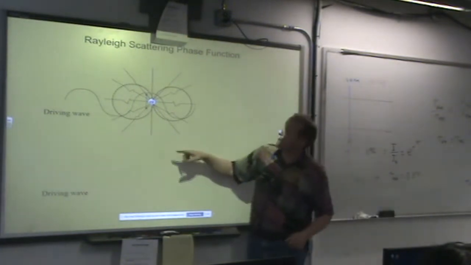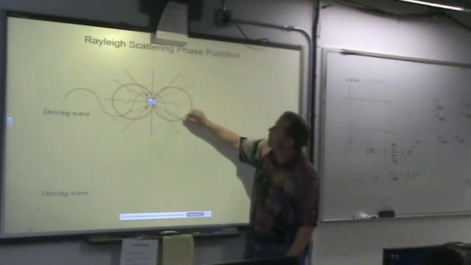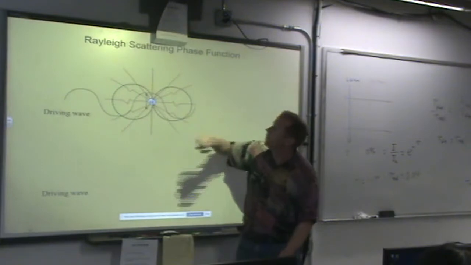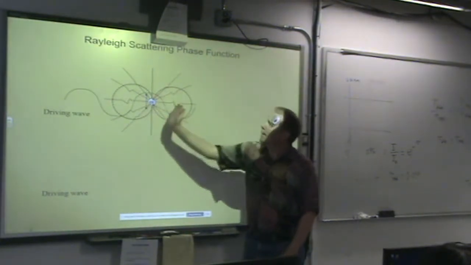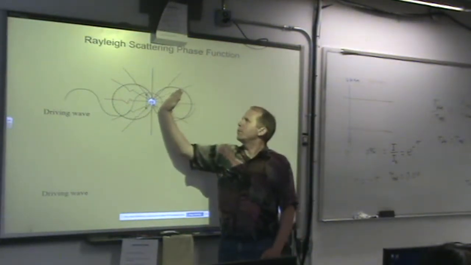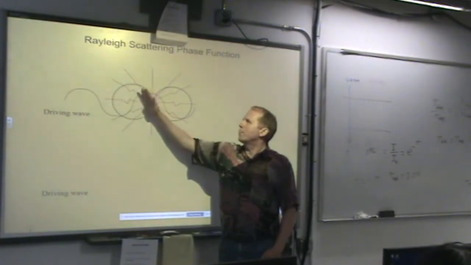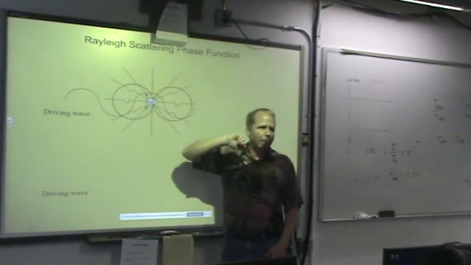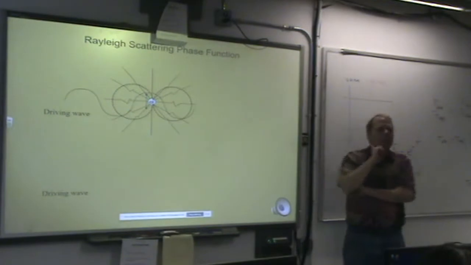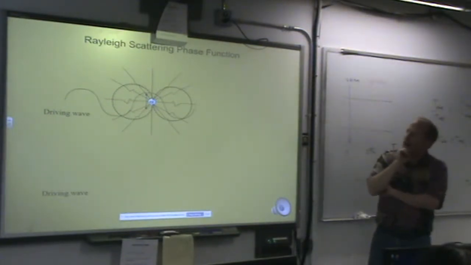We get an amplitude pattern kind of like a figure eight. Here's the maximum amplitude, it decreases down to 0, and then picks up again. That's if you're looking off axis.